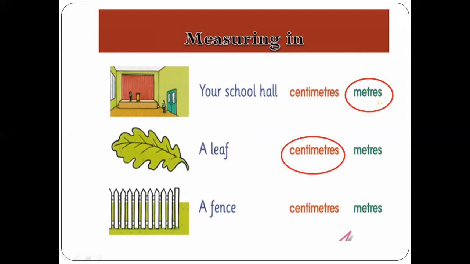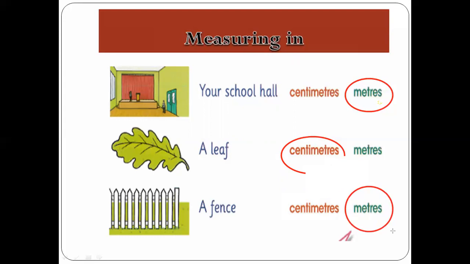What about the fence, boys? For the fence, what do we use? For the fence, we use meters because the fence is also big. So boys, it's easy. You can keep it in your mind.